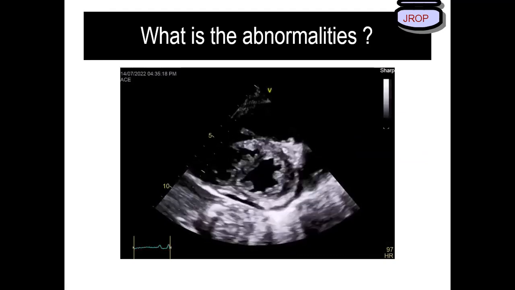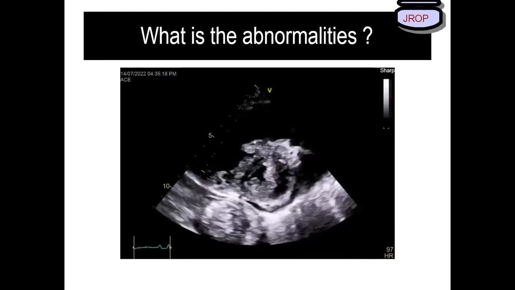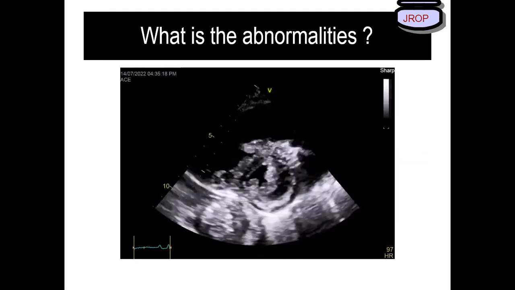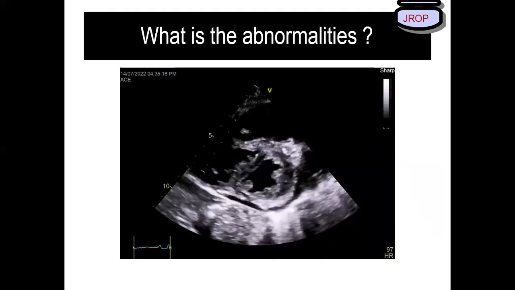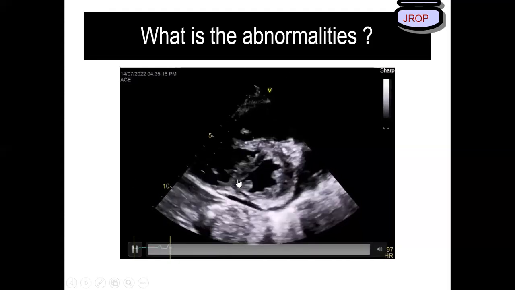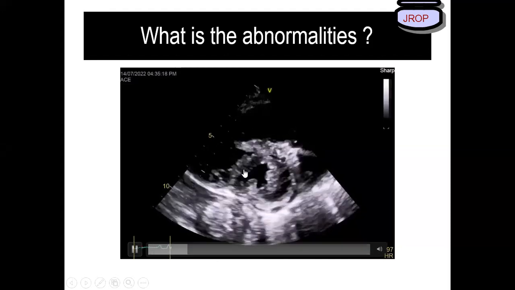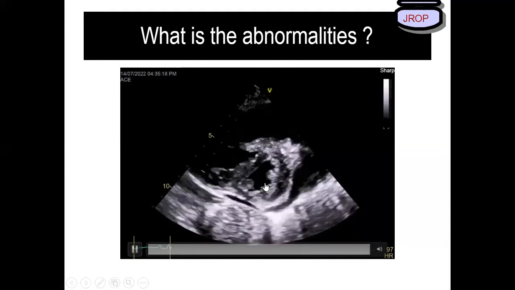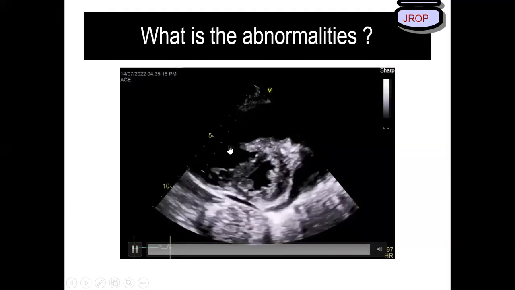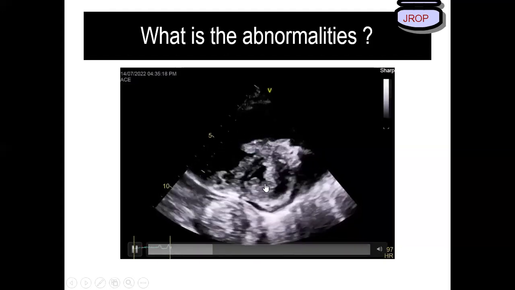Suppose my blood pressure is 110. What would be the RV systolic pressure in this patient? More than 110, sir. Perfect. So I hope everybody is able to understand what Dr. Ghansham is saying. With every systolic contraction, this septum is bulging towards the left ventricle. It means during systole, RV systolic pressure is more than LV systolic pressure.